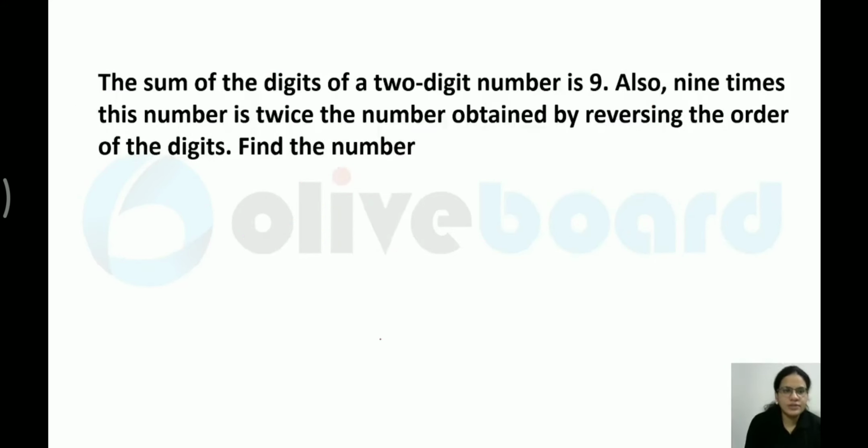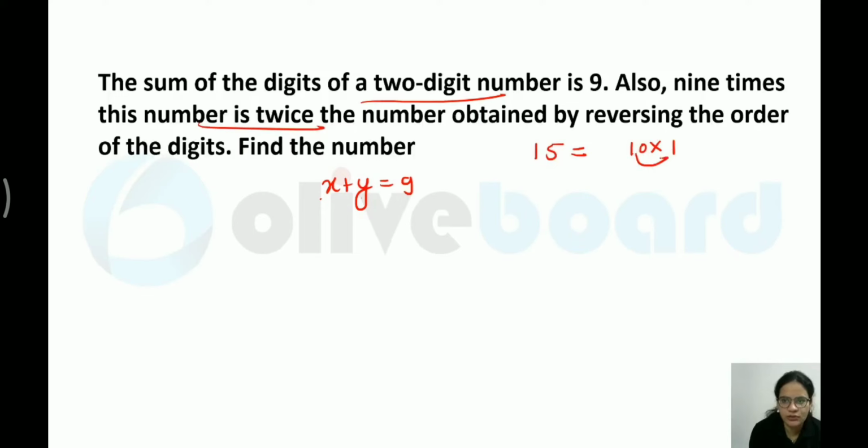So next question, the sum of digits of a two-digit number is 9. So x plus y is 9. Now 9 times this number. If the digits are x and y, this is very important. Suppose I give you 15 as my number. How will you write it in terms of digits? 10 into the first one, that is 1, plus 5.